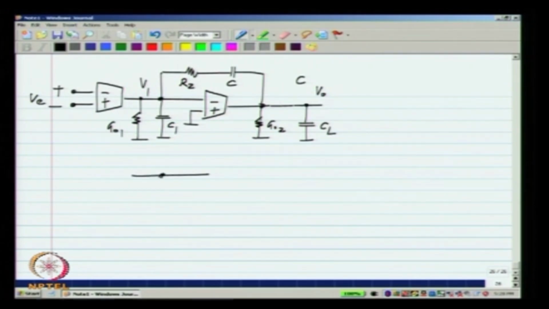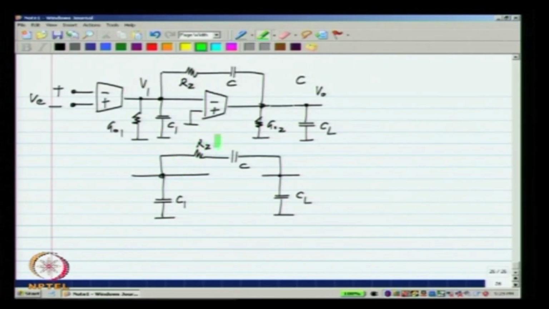We will just have RZ, C, CL, and C1. In a way, you have an RC circuit involving this RZ and these three capacitors in series, because after all this is just ground and these two are together.